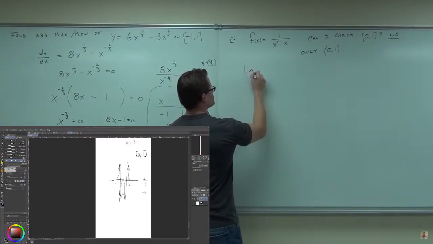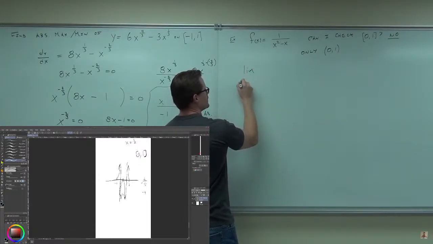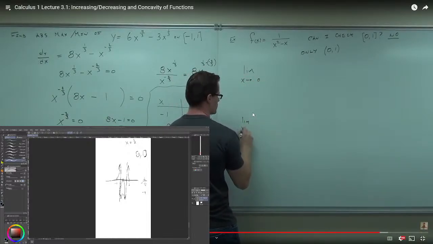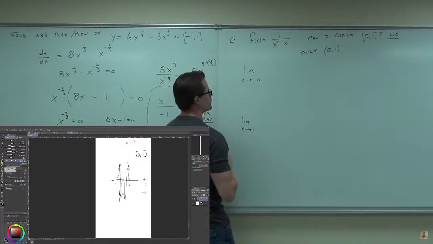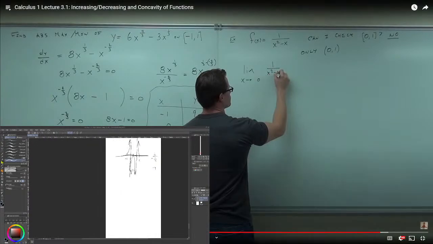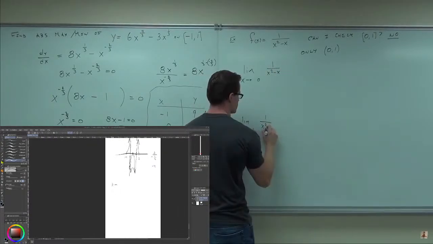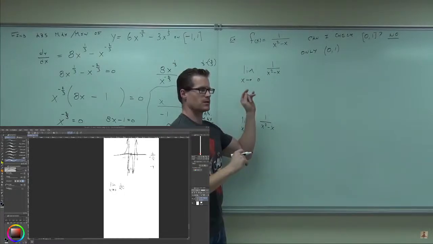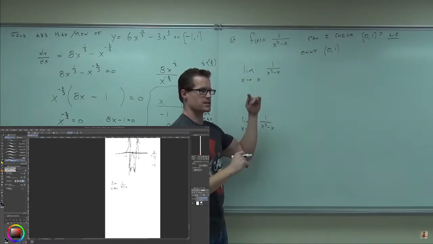So the limit as x approaches 0, and x approaches 1. For 0, are we going to be going from the left or from the right to get to 0?